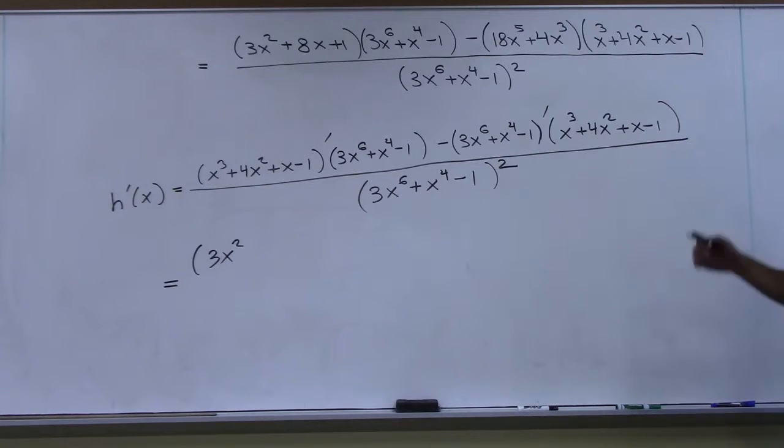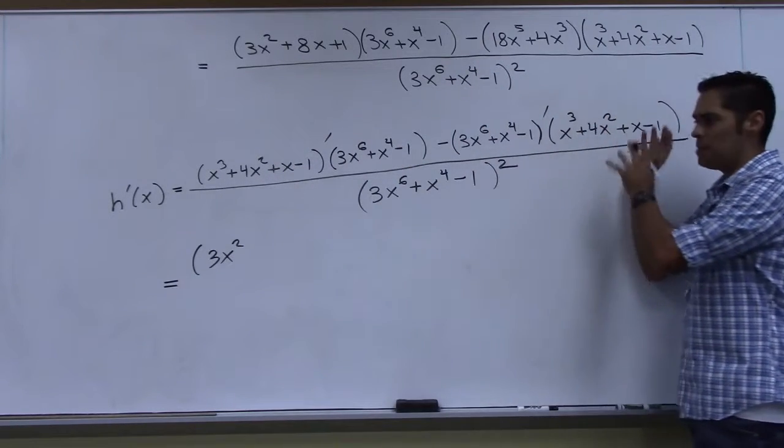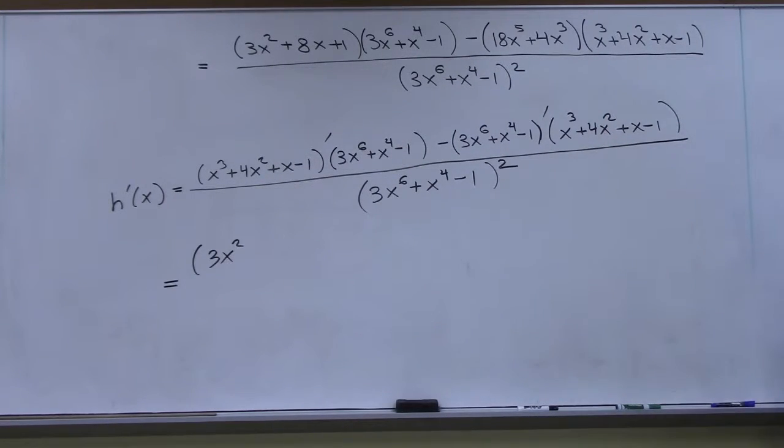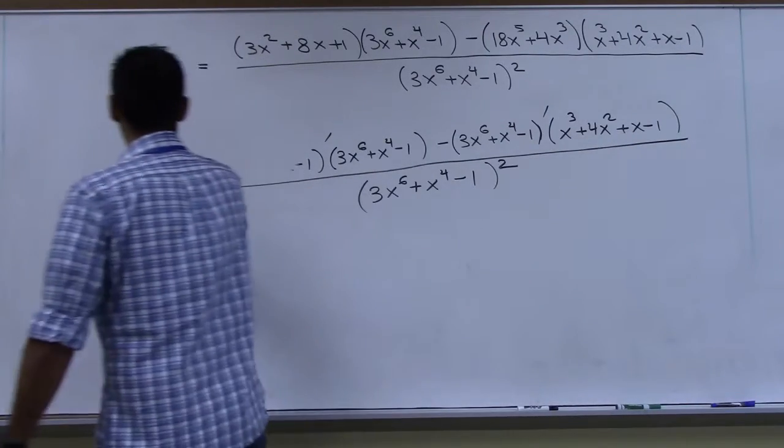Right, but do you understand at least the format of this? Derivative of top times bottom minus derivative of bottom times top all over bottom squared. Now you may be looking at it going, well, that's a pain in the butt, right?